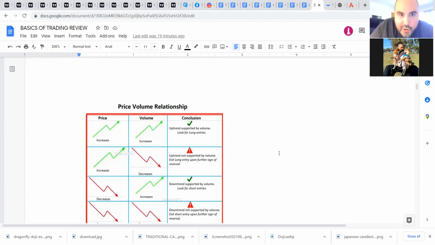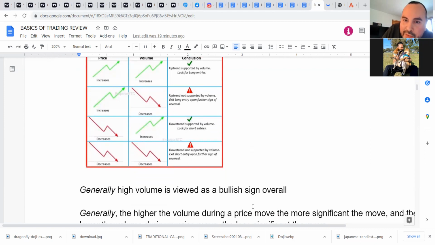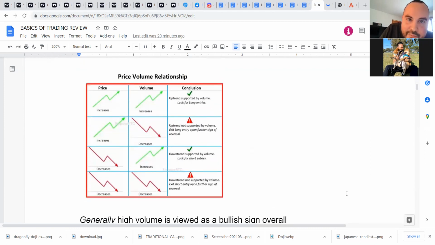Okay. Price volume relationship. The easiest way to understand this is that volume is your confirmation of a move, of a trend. If your price is going up and you have high volume, your uptrend is supported by the volume.